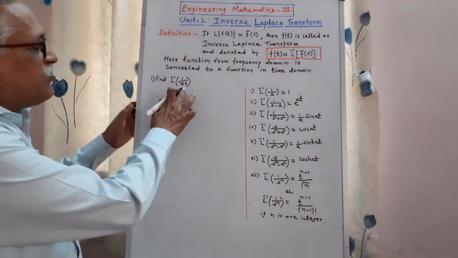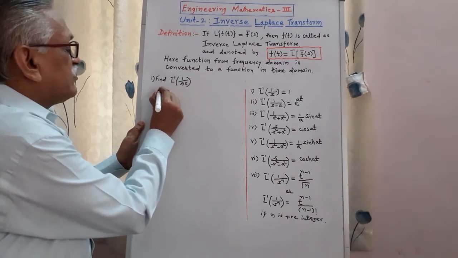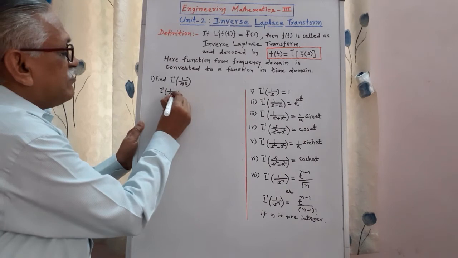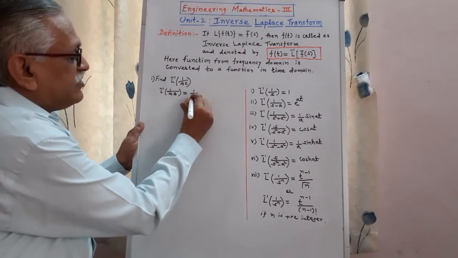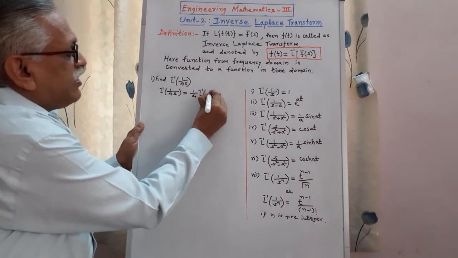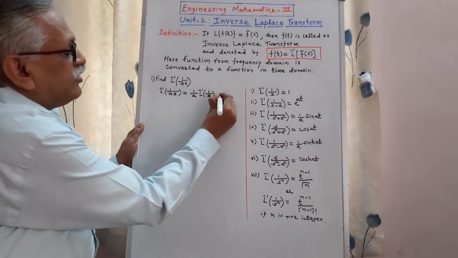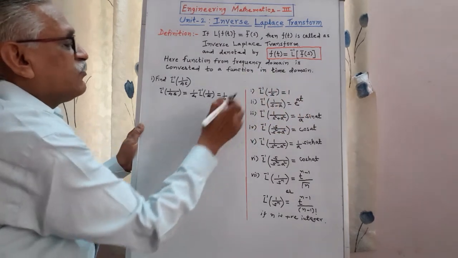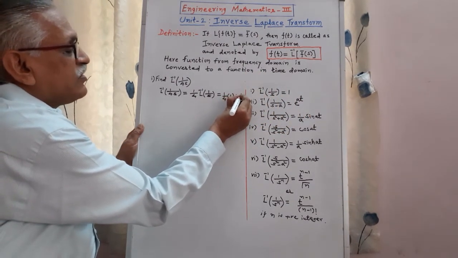Linearity property means the constant term we can take outside, and therefore the inverse of 1 by 4s we can write as 1 by 4, taken outside as it is a constant term, and the inverse of the remaining 1 by s. The inverse of 1 by s is 1, and therefore it is 1 by 4 into 1, so we get the value 1 by 4.